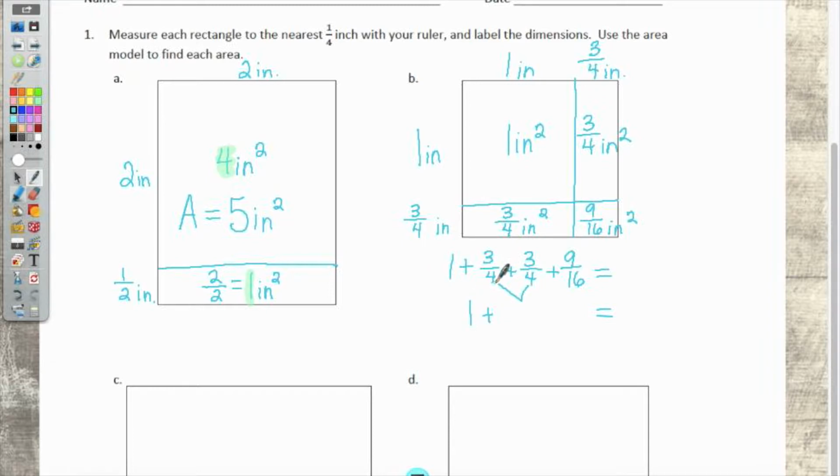It's 9/16. No. It's 6/4, which is, anybody know what it is? 1 and 1/2. So this would be 1 plus 1 and 1/2. What is it? 2 and a half. So 2 and 1/2.